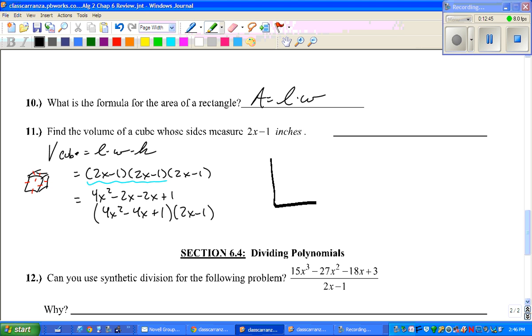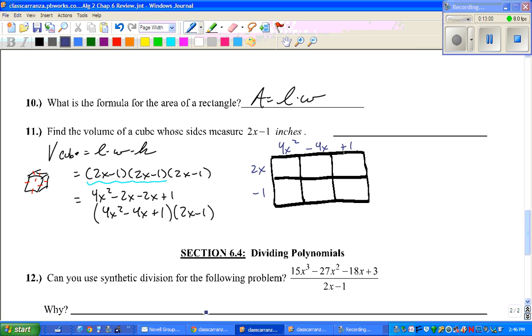And when we do that, we've talked about using the box method to help keep you organized. Okay, so the 4x squared minus 4x plus 1 and 2x minus 1 over here. Go ahead and multiply that out, combine your like terms, pause the video, see how you do.